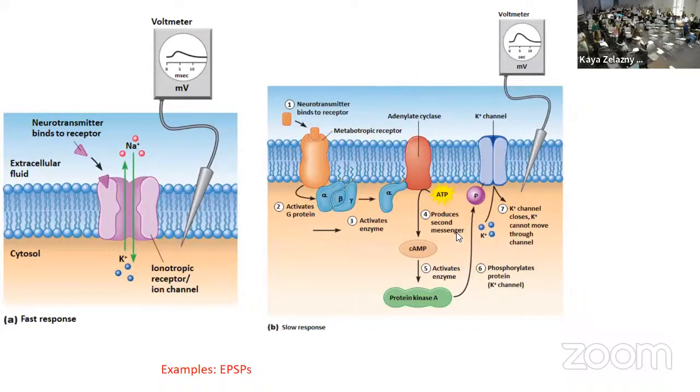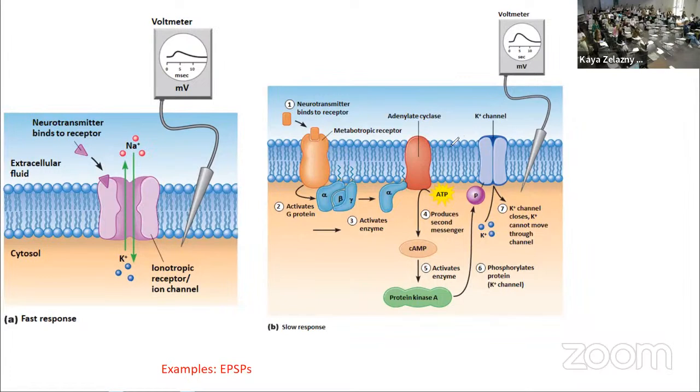So here we are looking at some examples of excitatory postsynaptic potentials. Okay. On this, we're looking at a neurotransmitter that binds to an ionotropic receptor. So this is a ligand-gated ion channel. This one happens to let both sodium and potassium move, but we know that the force for sodium to move into the cell is really strong, right?